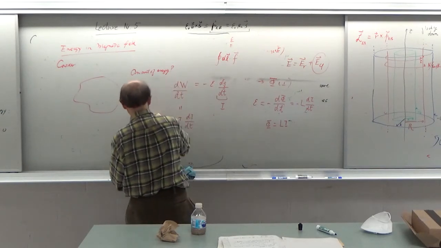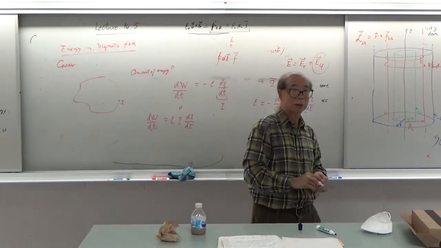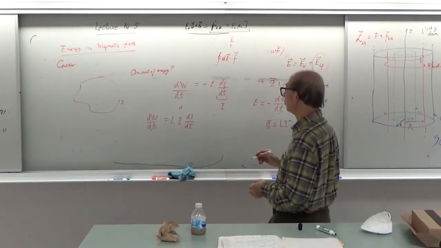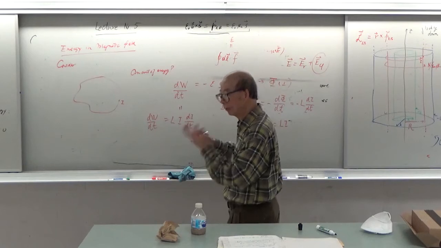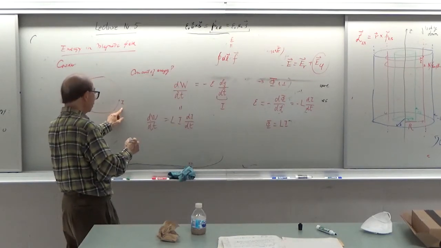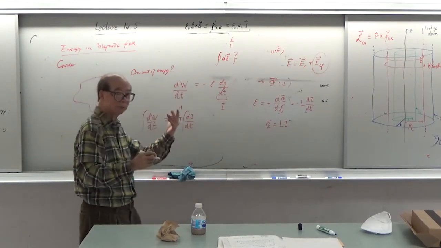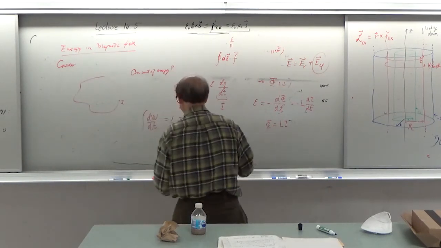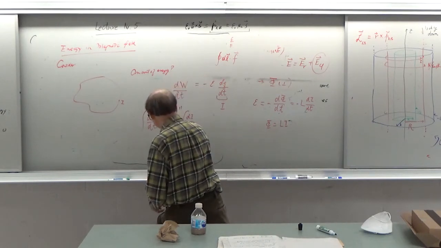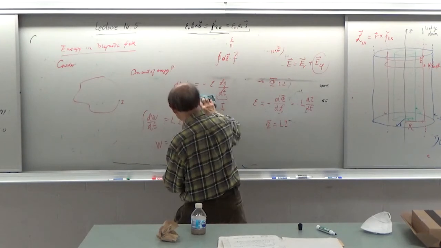This is dW/dt. So the amount of work that you need to put in, or the amount of energy that you have to spend to get the current from 0 to I, is given by this integral over time. So W is equal to L, I is inside.